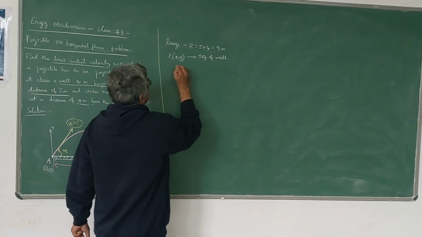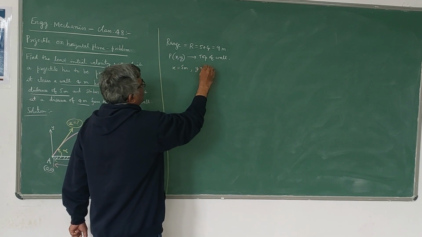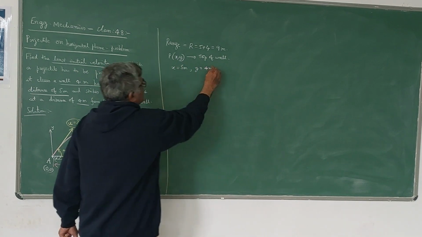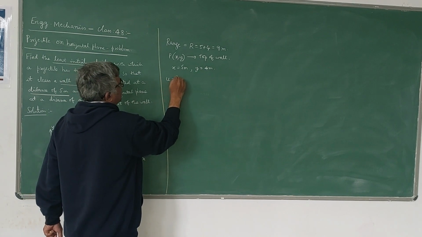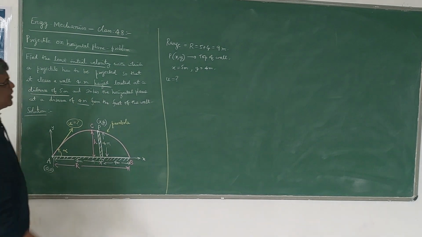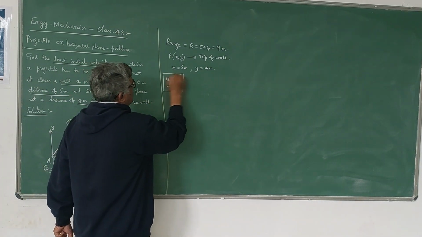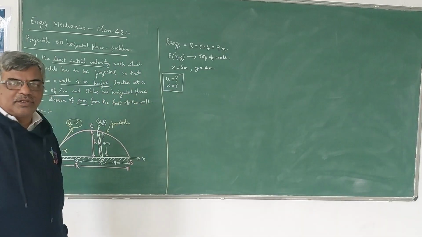So the coordinates will be x is equal to 5 meters, y is equal to 4 meters. Now the question is, we have to find out the least initial velocity and also the angle of projection alpha. These two are unknown. So this is the problem.